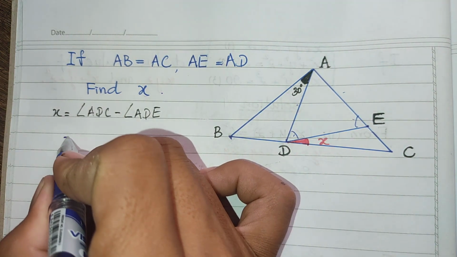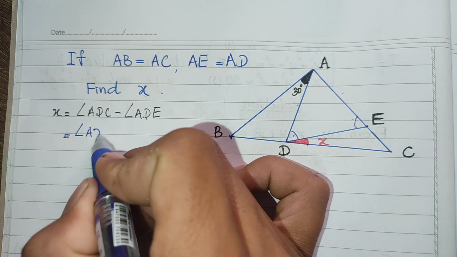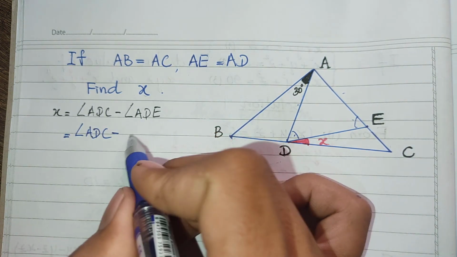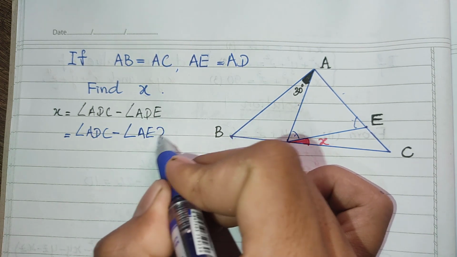Now we get H is equal to angle ADC minus angle AED.